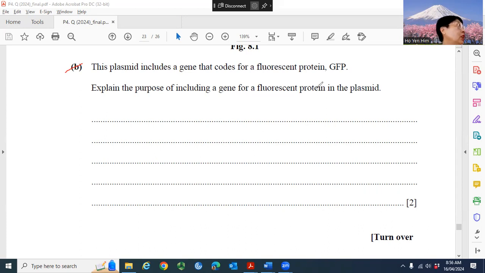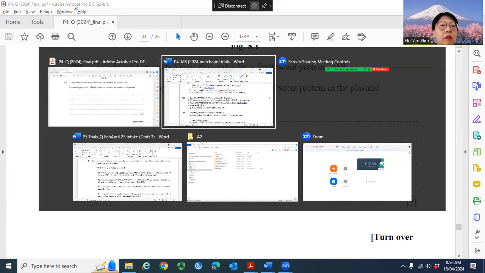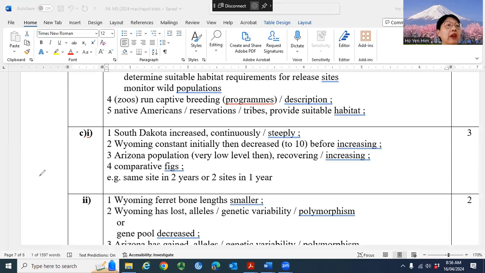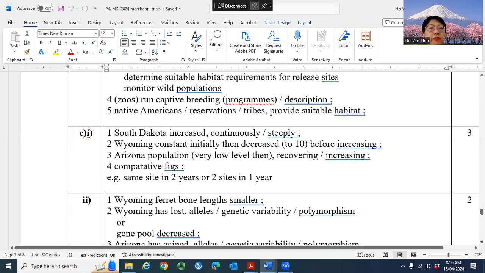Marker is the gene. Marker, this word denotes the gene. Okay, so this is a common mistake among the students because even the textbook also didn't explain clearly. I realized because I reread the textbook. They didn't specify very clearly that the marker definition is actually the gene.